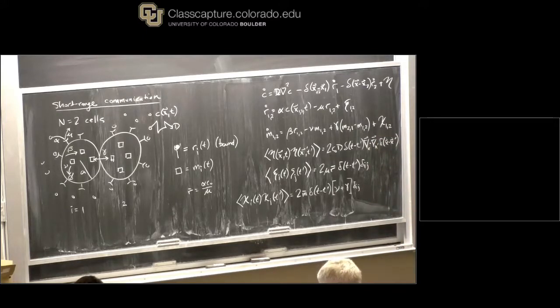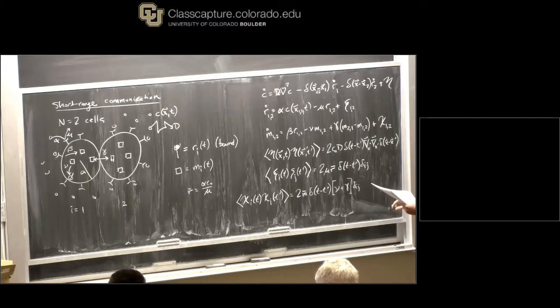I'm sort of going through this in detail because it's not very intellectually stimulating, but there's a systematic way to set these things up, and if you don't do it right, you get the physics wrong. And there's one more term here, and that term is important.